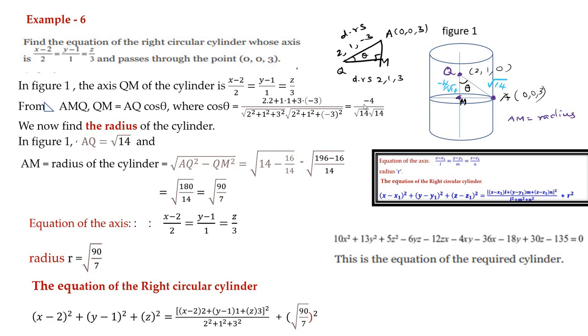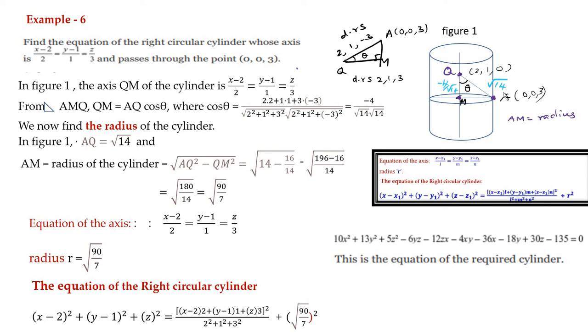So that is square root of 14, and if you simplify the numerator, it is minus 4 by this. Now cos theta is given by this. Already we know AQ, that is root 14. So AQ cos theta will be minus 4 by square root of 14. So QM is minus 4 by square root of 14.